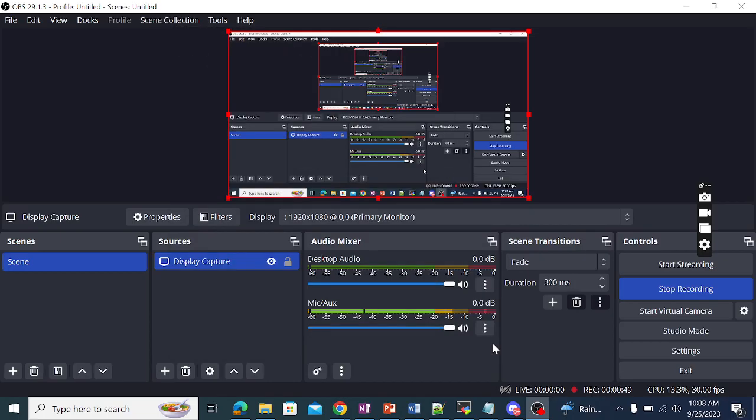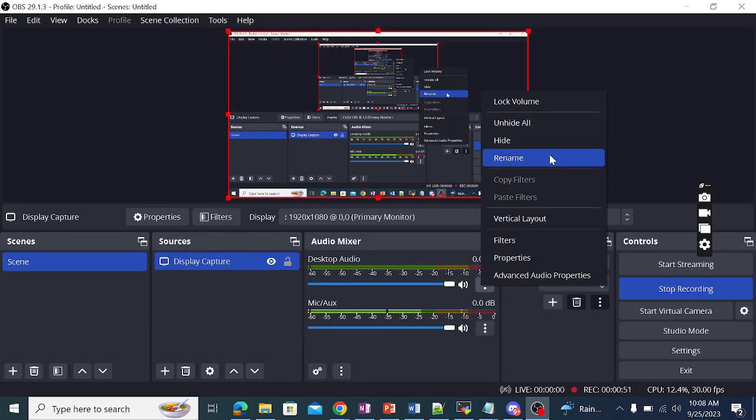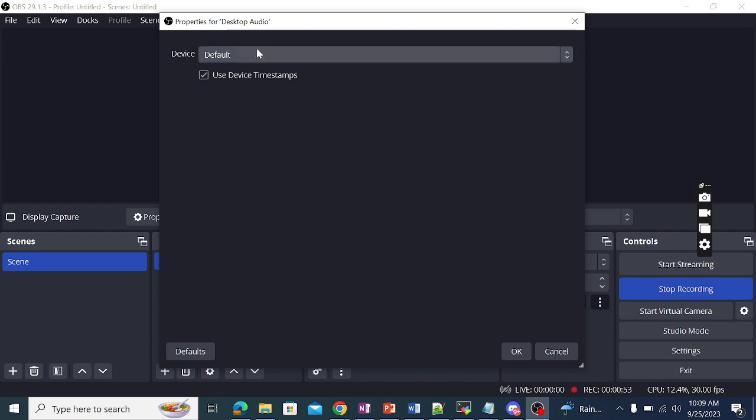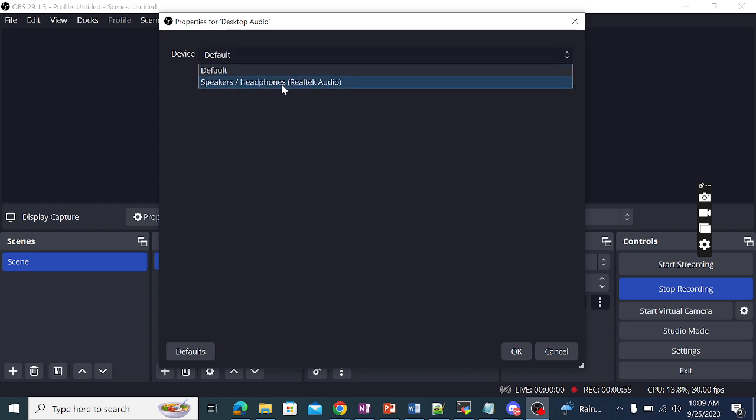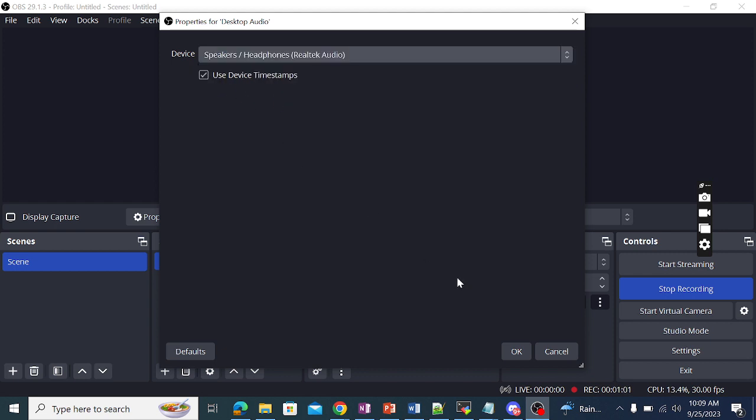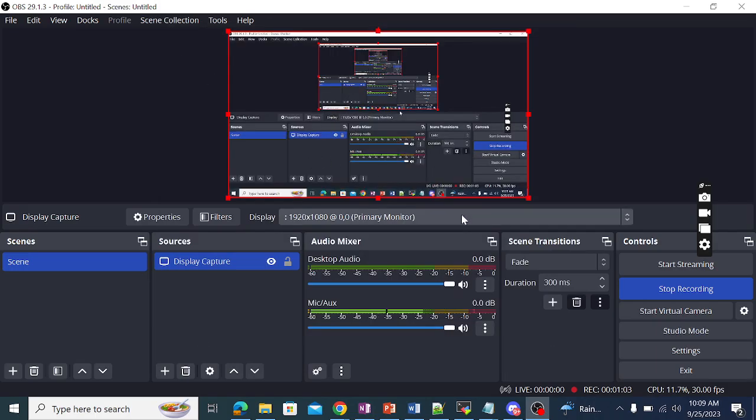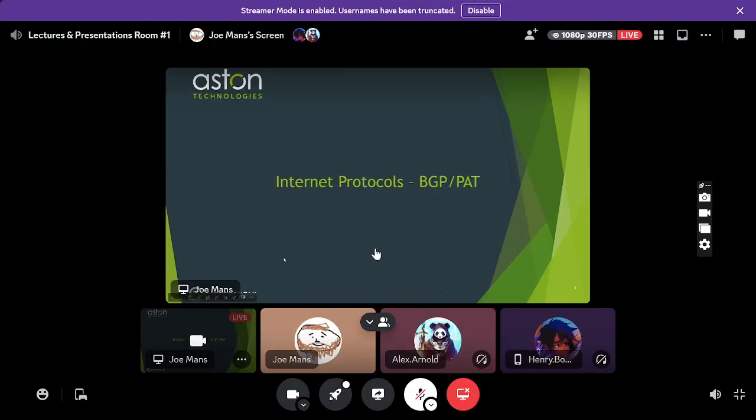Hit cancel. This one? Yeah, do that one. And then Properties. I never figured out how to select the audio source. Let me share the application. I think I got it. It's recording, right? Yeah. I just didn't want you hearing yourself too, since it's coming out of these speakers.